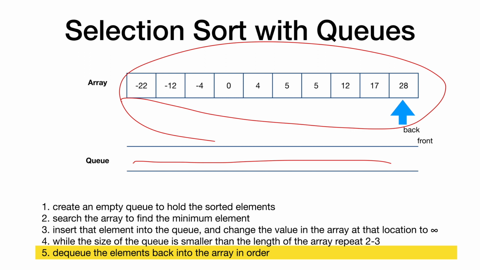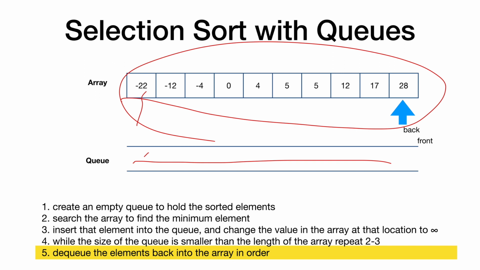Normally in selection sort, either from the front or from the back, we pick the minimum and maximum and we swap some things. Here, instead of swapping things, we're going to move them into the queue and then eventually move them back into the array. So that's one way to use a queue for sorting. We saw in the last video how to use stacks for sorting, and in class we saw stacks for sorting.